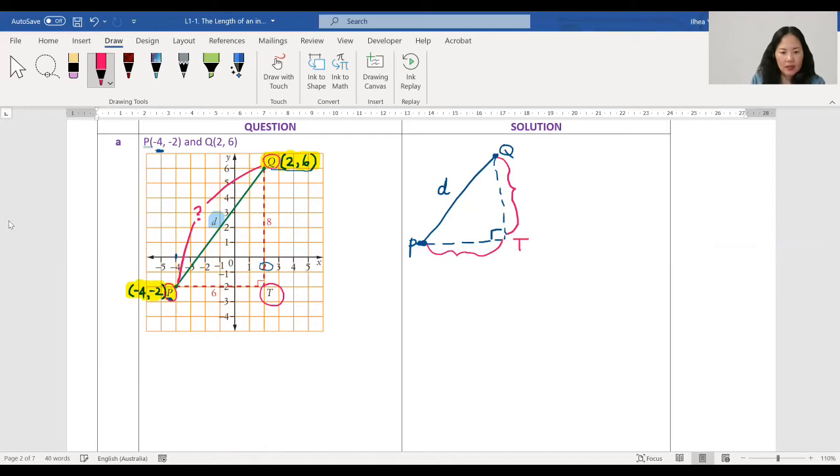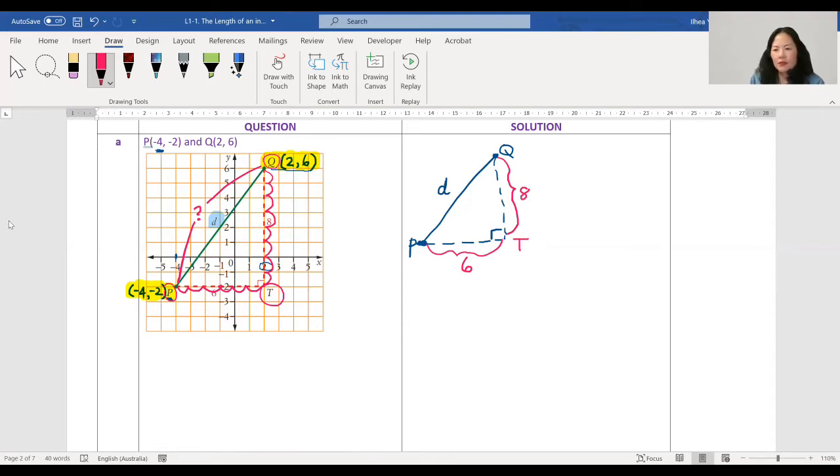So I'm going to count each space: 1, 2, 3, 4, 5, 6. So it's got 6 here. And then the distance of T to Q: 1, 2, 3, 4, 5, 6, 7, 8. So it's 8 here. And then we have to find D.